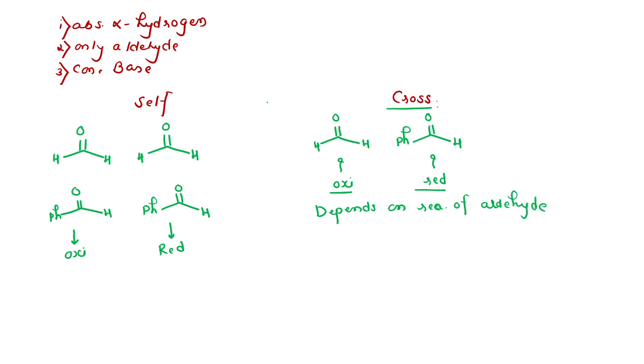Before going to the cross, first of all, we'll discuss the mechanism and formation of the self-Cannizzaro reaction. First of all, see, I'll write down one reaction for you. I'll take the first molecule, formaldehyde. As I have used a concentrated base, that is OH minus, OH minus is acting as a nucleophile.